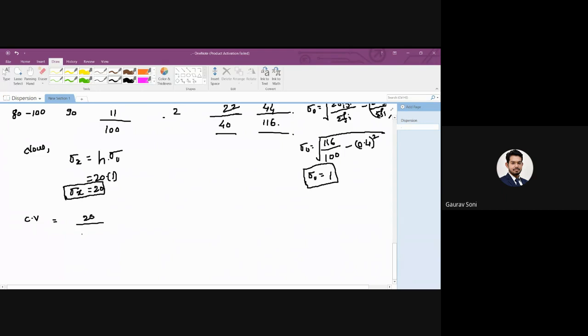What was our x bar? x bar is 58, into 100. The same answer, which is 34.48. Fine.